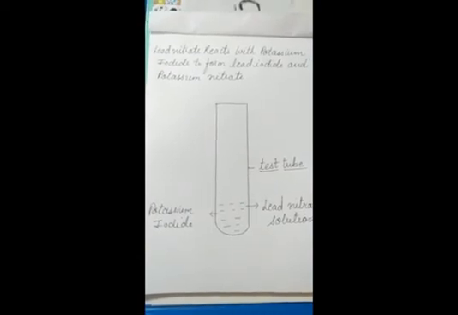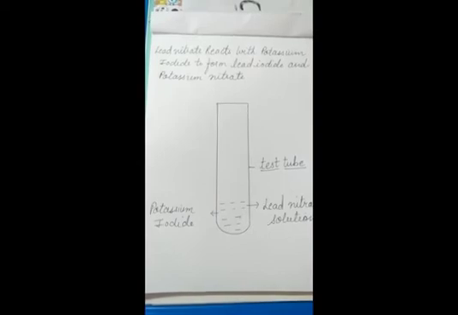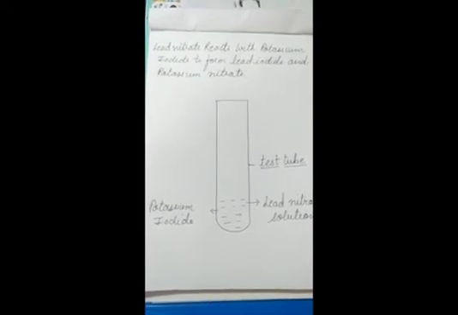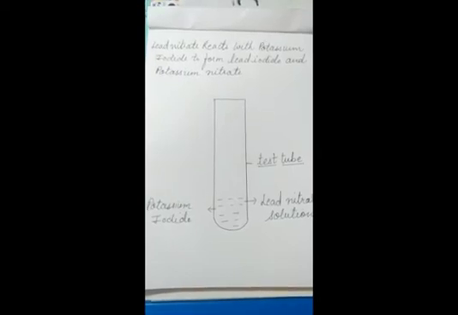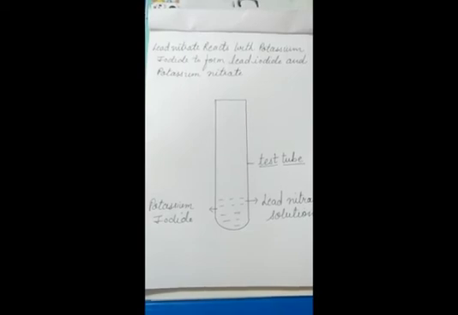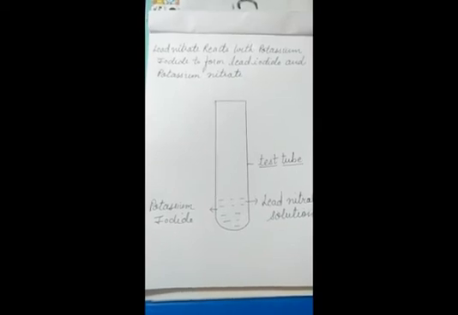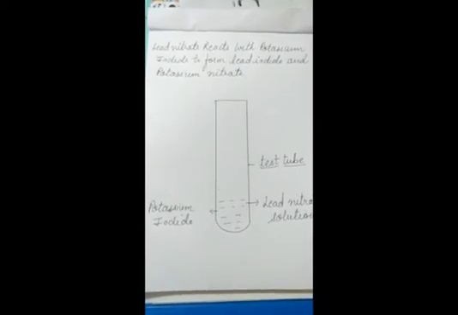This is an example of a chemical reaction because a new substance is formed and it is an irreversible process. So I hope, students, from all these activities, it is clear to you now what a chemical reaction is.